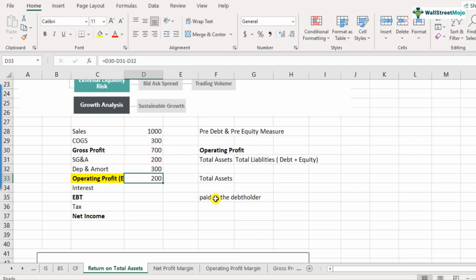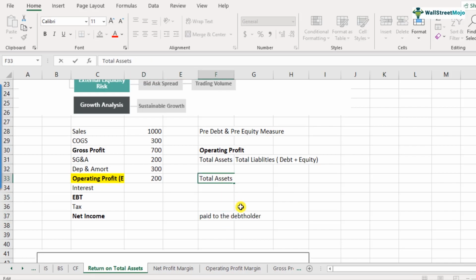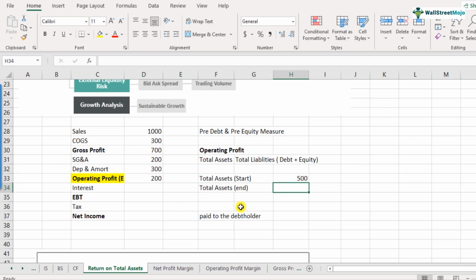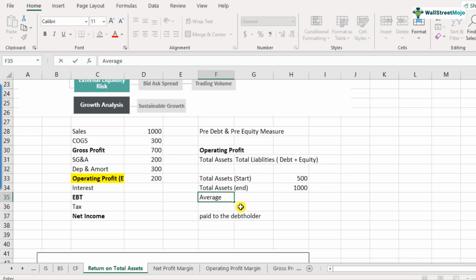For the denominator, we need the average total assets. Let's say total assets at the start and total assets at the end. If it was 500 at the start and then changed drastically to, let's say, 1000, so it became 2x of the start, we'll be taking the average number as we discussed earlier.